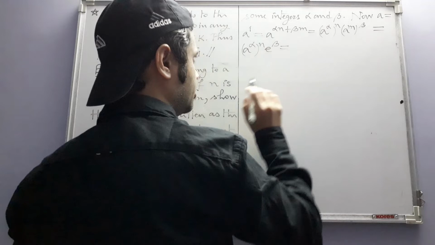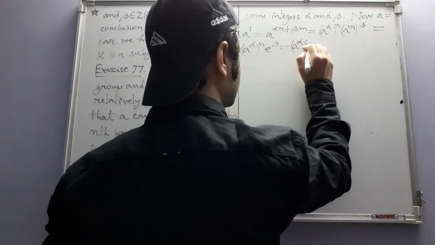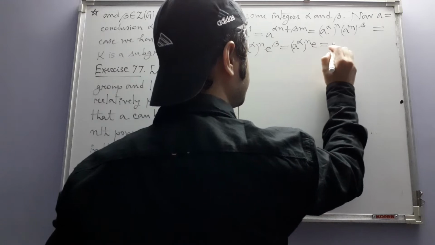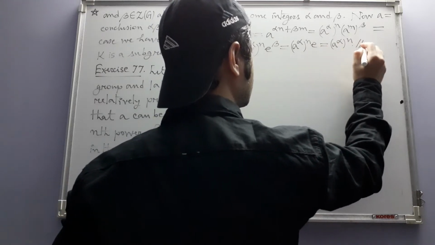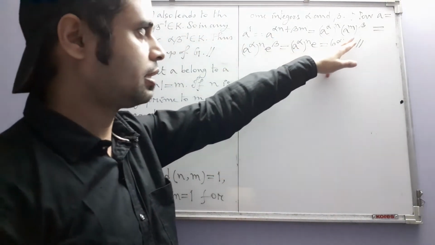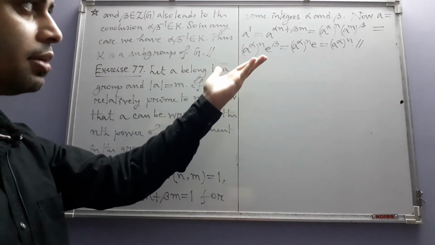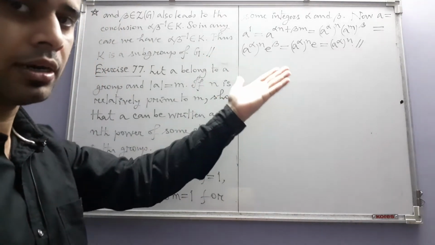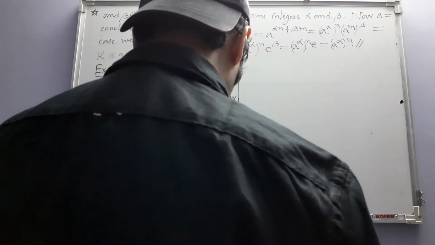This is always going to be E. So that's what we wanted. We wanted to show that a can be written as the nth power of some element in the group, and that some element in this case is a to the power alpha. So here the solution ends.